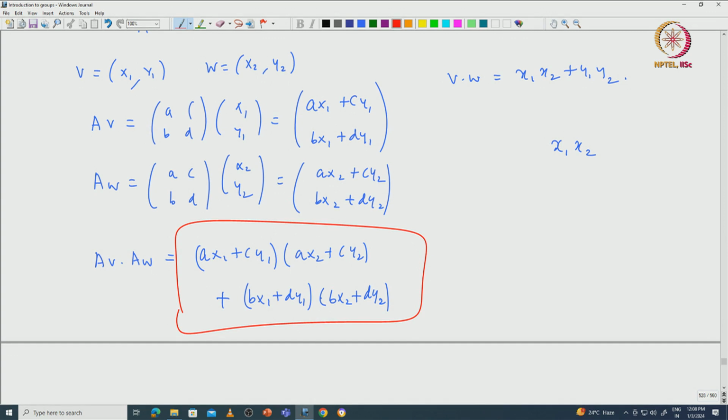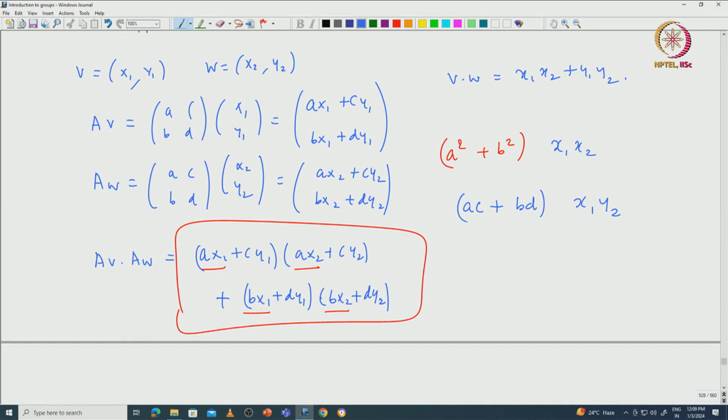You are going to get a squared plus b squared, which is the coefficient of x1 x2. It comes from a x1 times a x2 and then b x1 times b x2. Now if you collect the term x1 y2, for example, that is going to be a c plus b d.